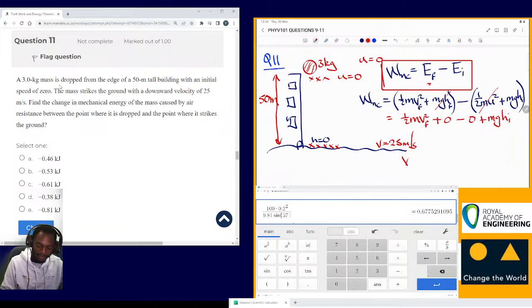So substituting, that is going to be half, the mass is 3, times 25, the final speed squared. And this becomes minus 3 times 9.81 times 50.